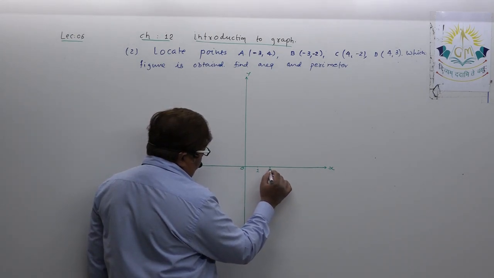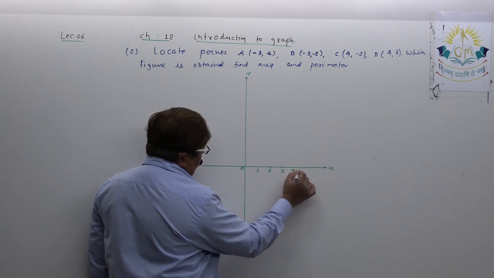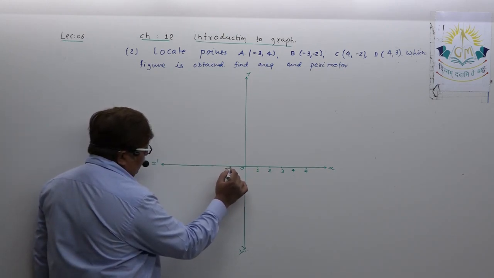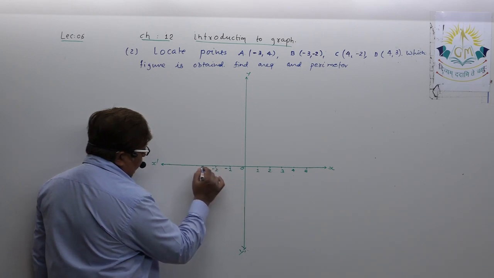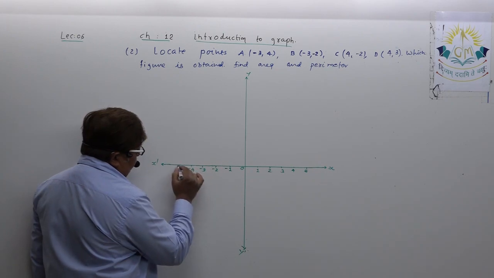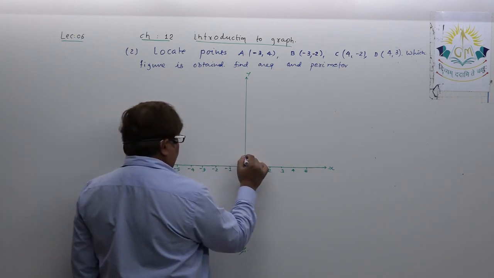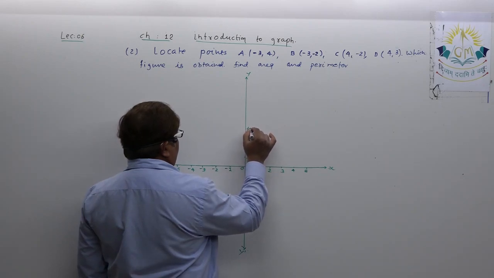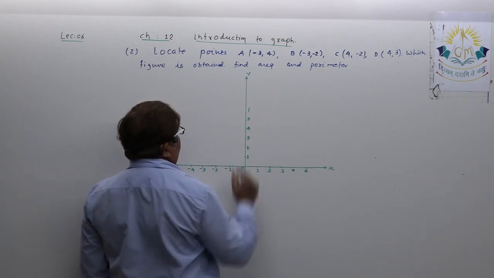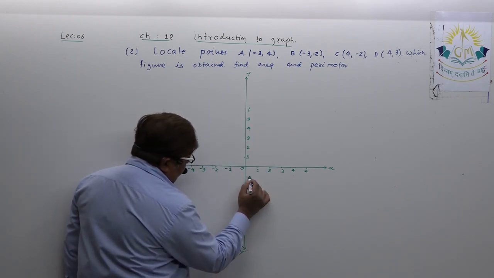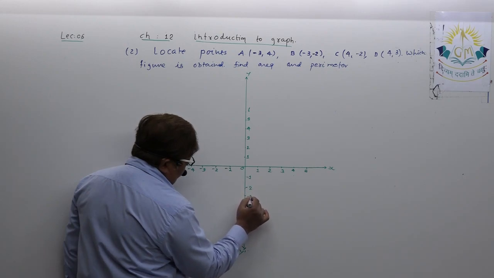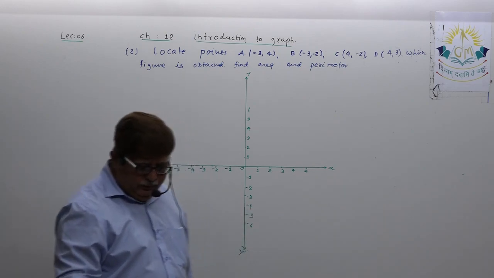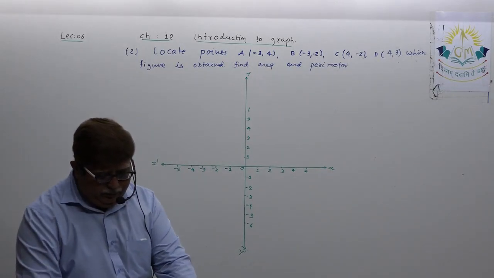Positive x coordinates here, negative x coordinates here, positive y coordinates, not more I am showing here, negative y coordinates, okay.